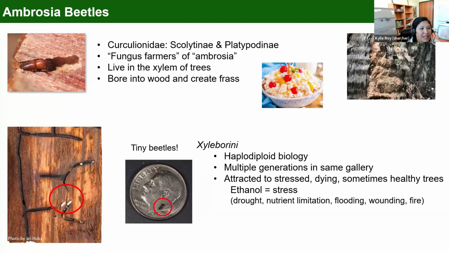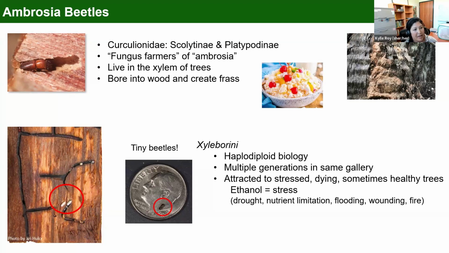Ambrosia beetles are given the name ambrosia because they farm their ambrosia. Just like the fruit salad, they farm their ambrosia fungi. They tunnel into trees and plant their ambrosia fungi in the xylem, also where Ceratocystis lives.